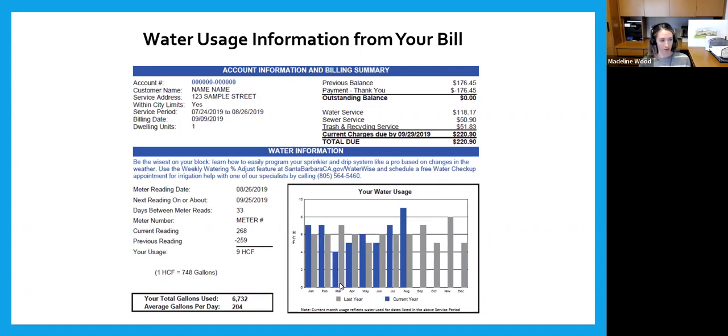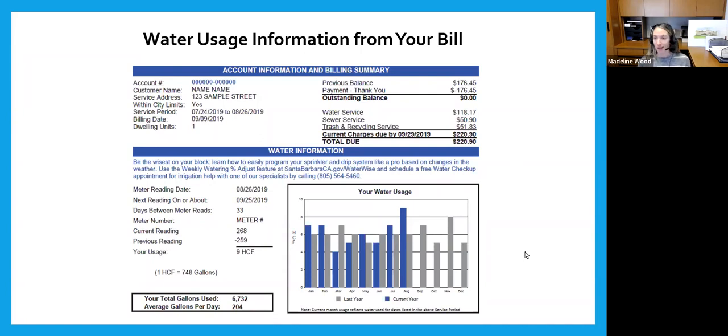This is an example bill, but it's a real bill, and this is pretty typical. Here we are in March. This is not this year, but we often get our rainiest month in March. And so you'll see the usage for this particular customer was less. It was about 4 HCF in March compared to August. You can see this is the difference in irrigation. Typically, we tend to see an irrigation bell curve where it's lower in the winter. It's highest usually in August or September, and then it goes back down in the winter.